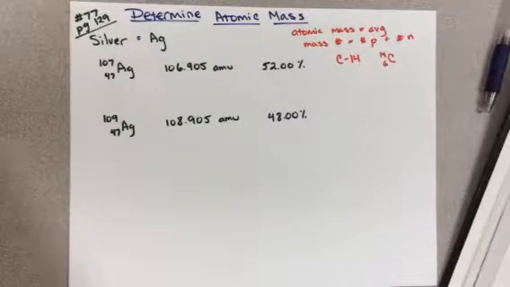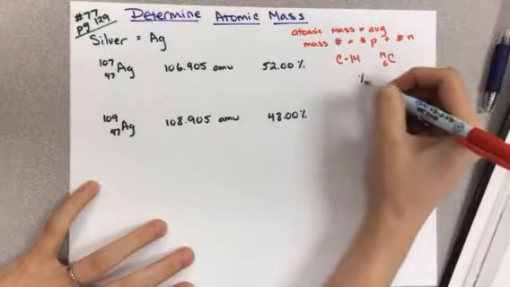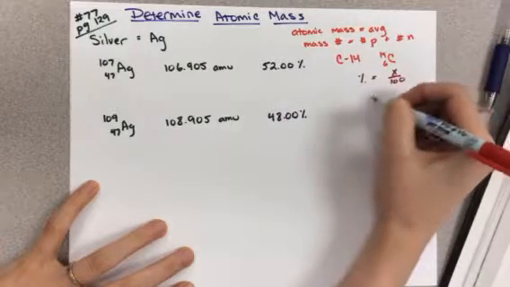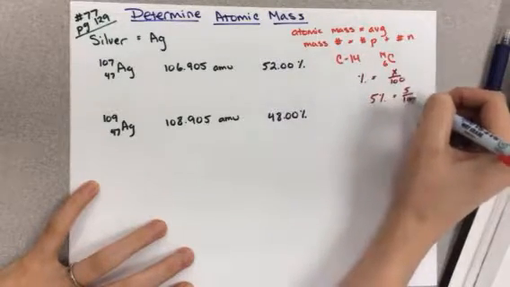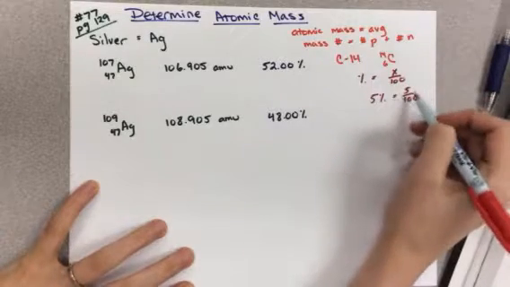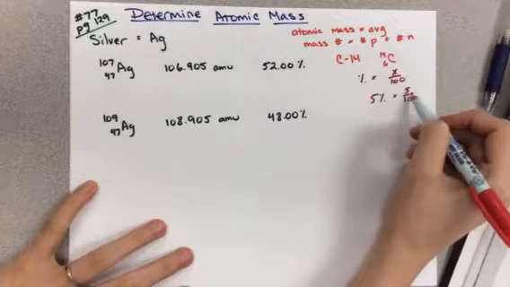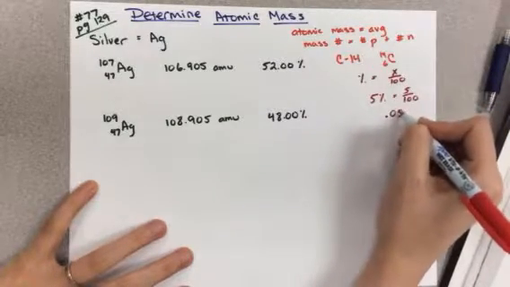So let's do that. But before we do that, we actually have to change this percentage into a decimal. A key thing to remember about percentages is that a percent is the same thing as x over 100. So 5% is the same thing as 5 over 100. And if you put that into a calculator, or if you are able to do this in your head, changing that to a decimal should be 0.05.